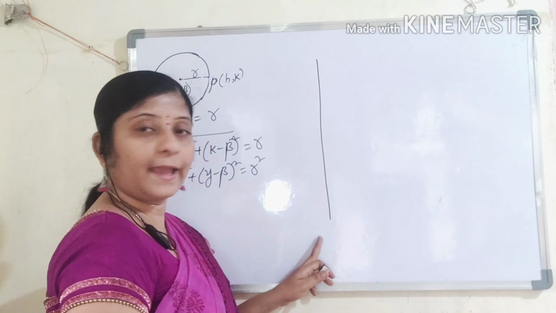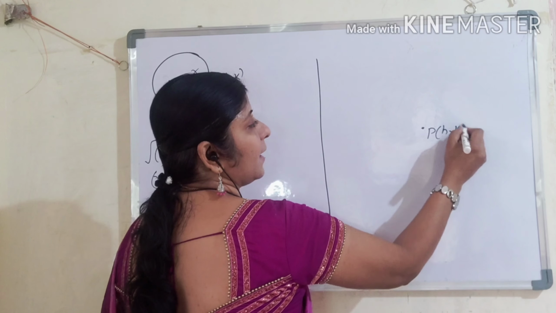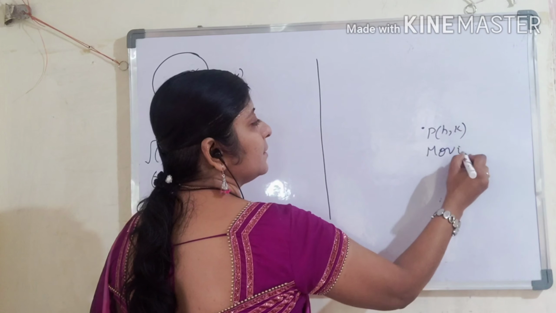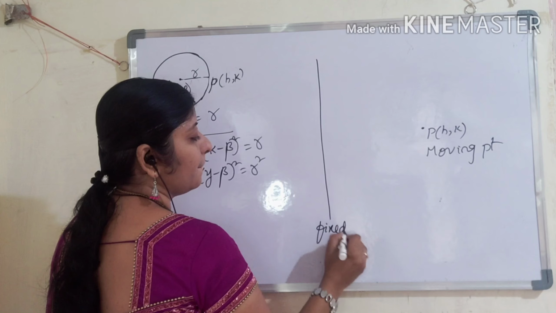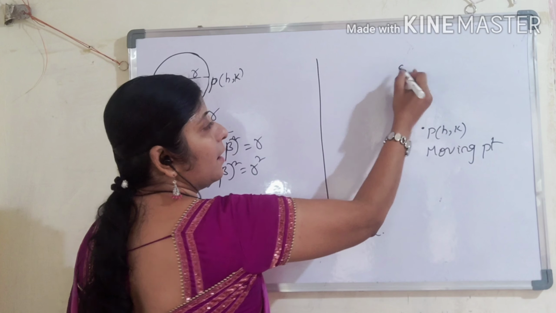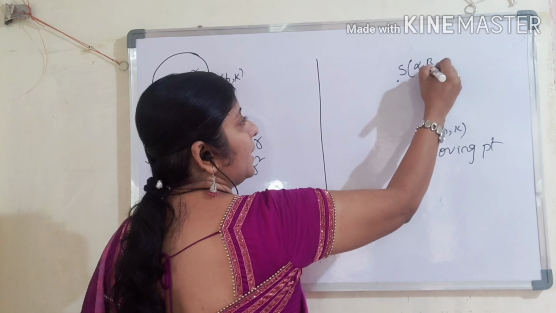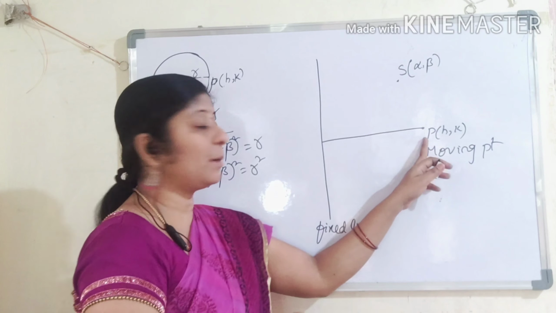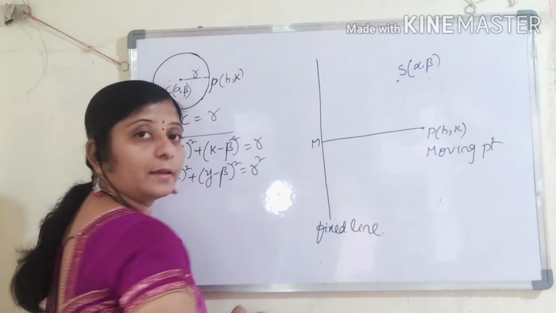Now consider a fixed line and a moving point h comma k. This is a moving point. This is a fixed line. Let us consider a fixed point S alpha comma beta. The distance from the moving point to the fixed line, let it be PM.